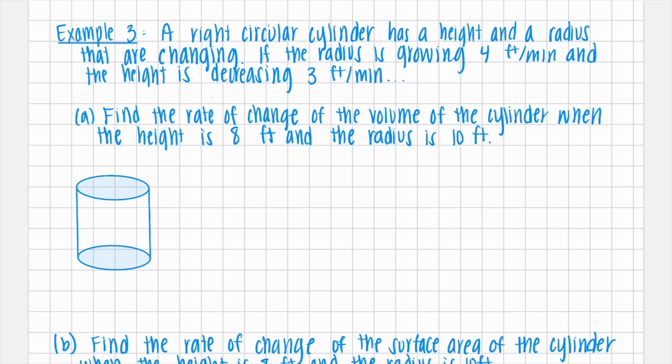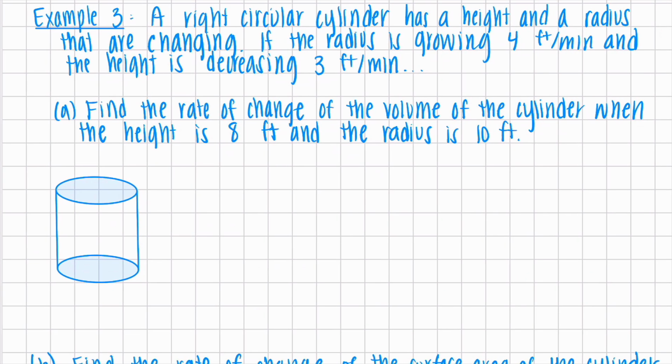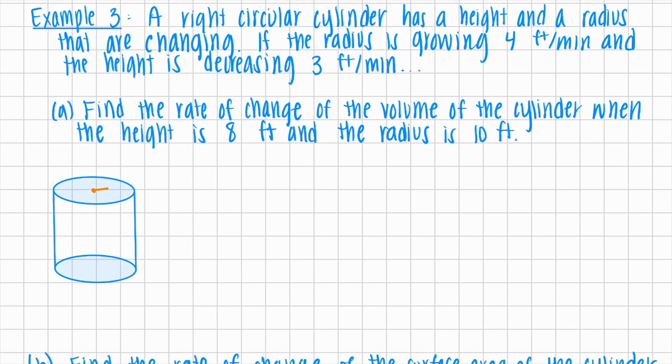But this one says a right circular cylinder has a height and a radius that are changing. If the radius is growing 4 feet per minute and the height is decreasing 3 feet per minute, so let's start with that. So I'm talking about the radius of the cylinder and the height, so I'm going to use r and h.